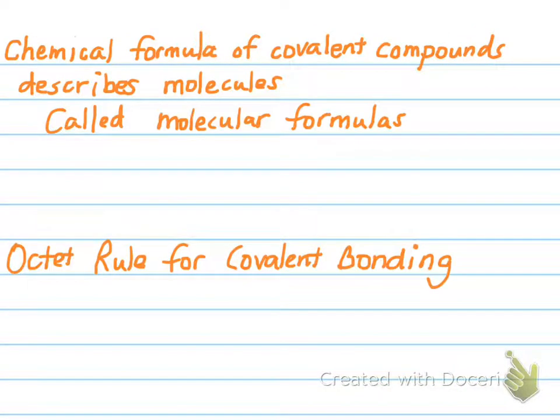So the chemical formula of covalent compounds describes molecules, and they are called molecular formulas. Molecular formulas, again, show the number of atoms, but they don't tell the structure.